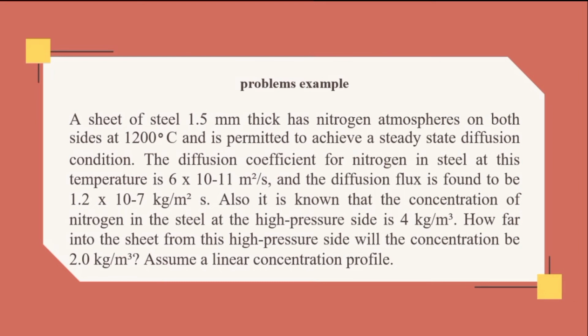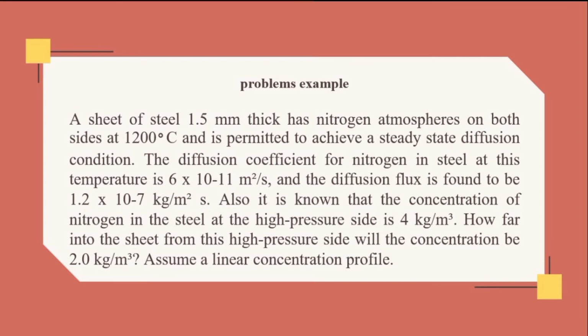The diffusion coefficient of nitrogen in steel at this temperature is 6 times 10 to the negative 11 meters squared per second, and the diffusion flux is found to be 1.2 times 10 to the negative 7 kg per meter squared second.